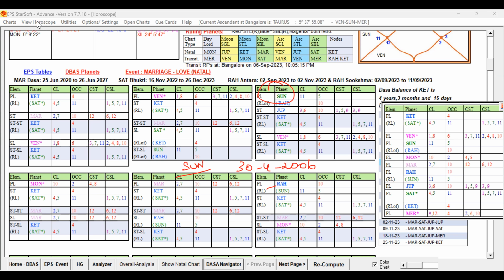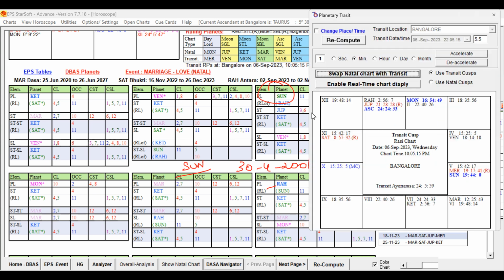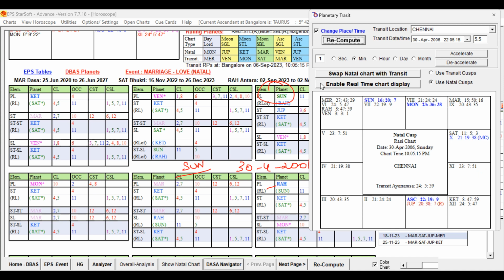Now let us check the transit also, how it was there. We have to check it. 34, 2006. Let me open the natal chart.